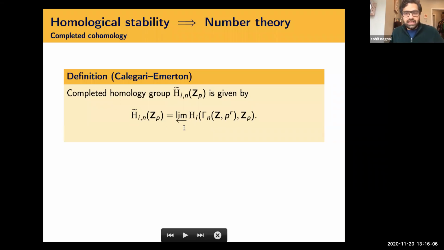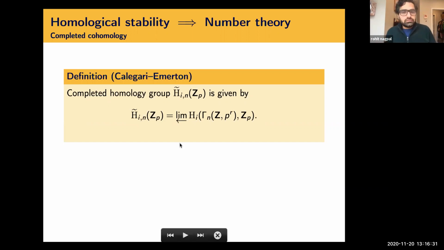You should think of this as follows: when you take the limit, it can take the torsion homology classes and patch them up and make some non-torsion homology class. So it's a pretty nice way of creating non-torsion classes using torsion classes.